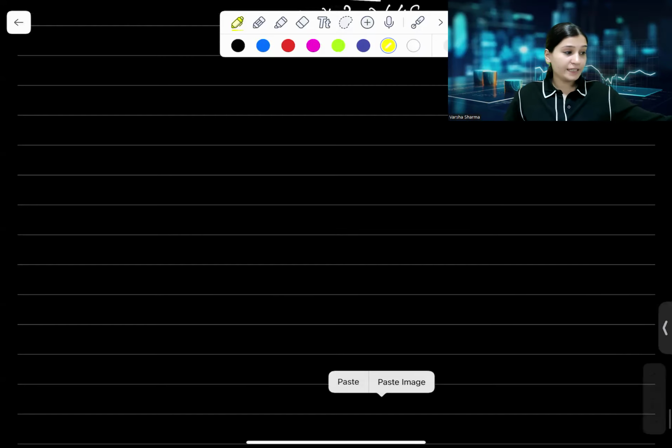Now, if the question tells you that I'm giving you the deviation values itself, the question has mentioned that the deviation values are these.